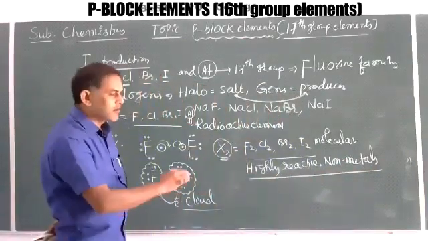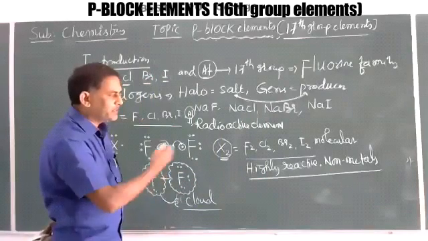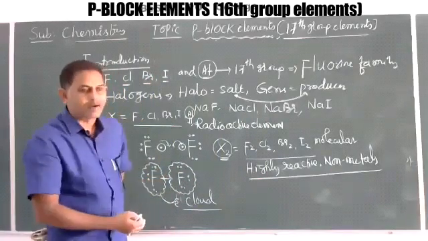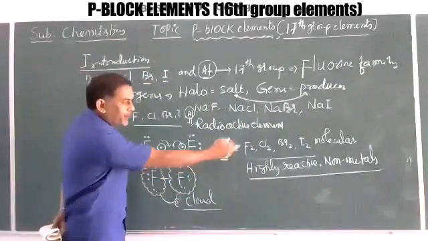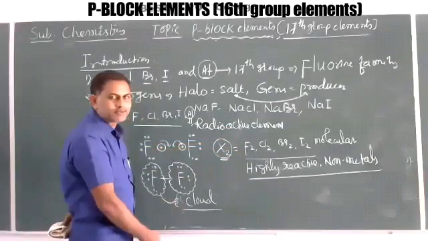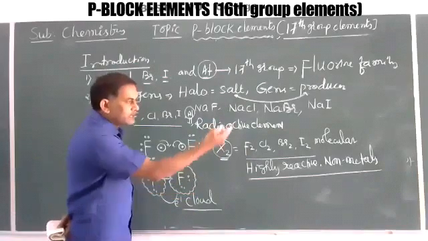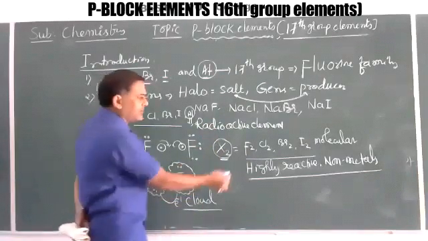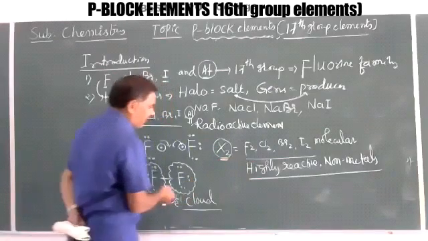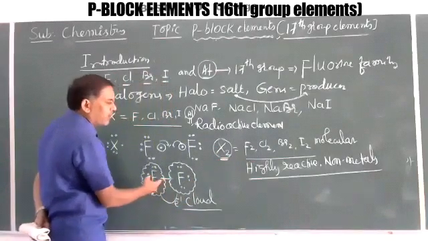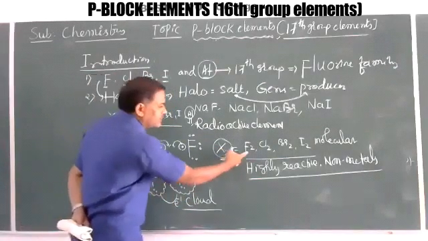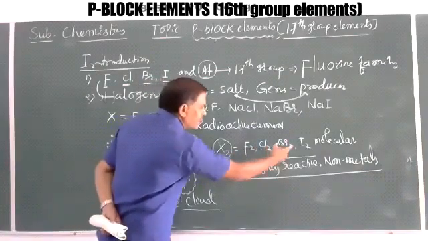They are ready to accept electrons to get the octet electronic configuration. They are nearer to the noble gases. To attain the stable noble gas electronic configuration, they are highly reactive. They are ready to form one covalent bond to get the molecular state like F2, Cl2, Br2, I2.